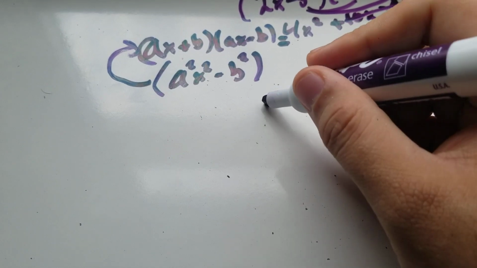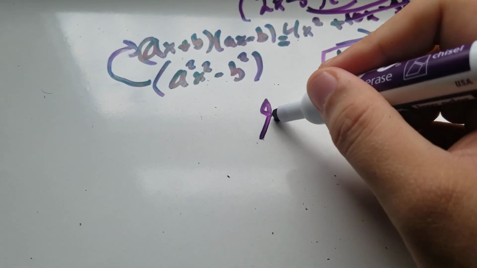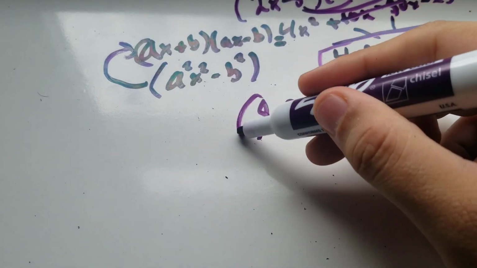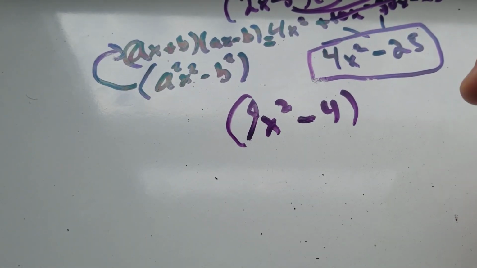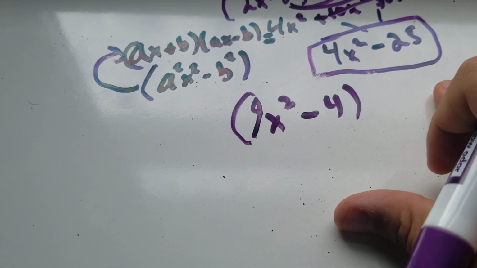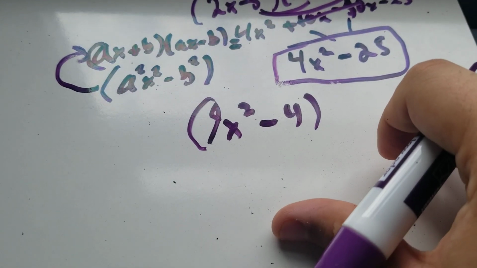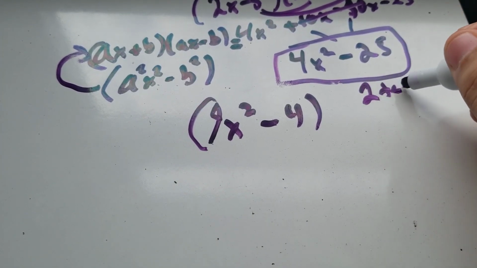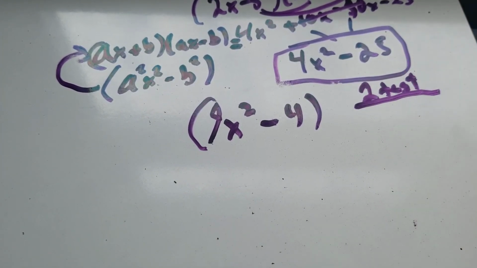Let's do 9x squared minus 4. All right, so 9x squared minus 4. Now, there are 2 tests you have to pass to make sure this is a special case.